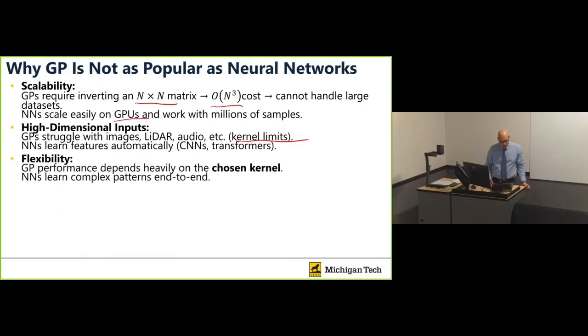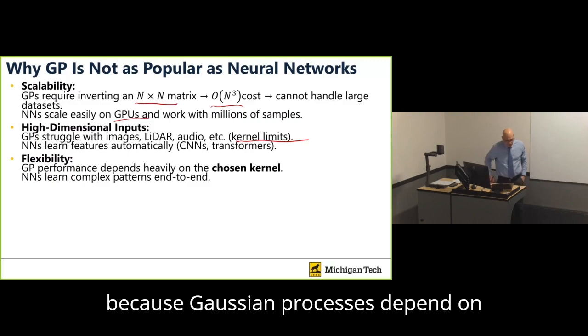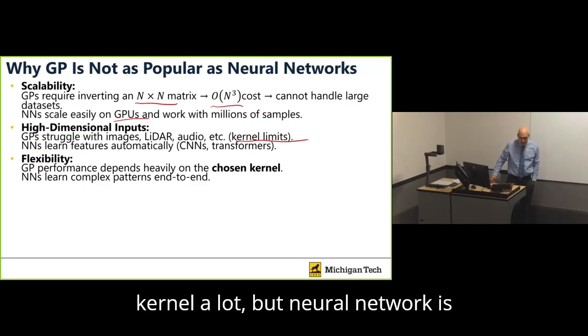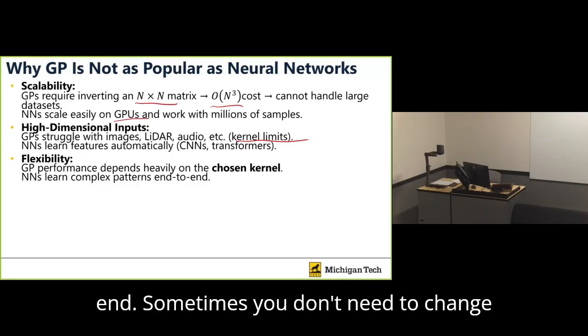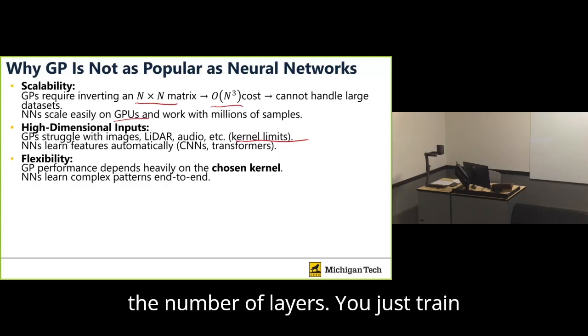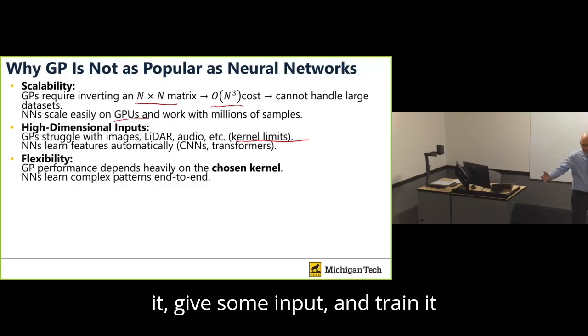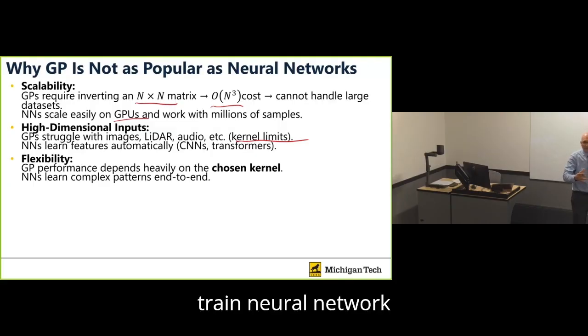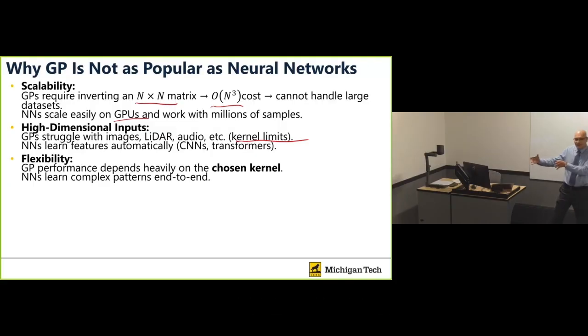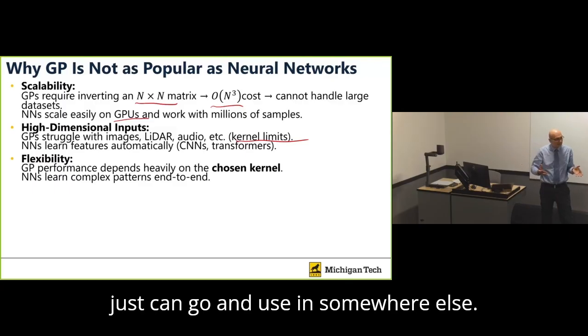Flexibility is also a factor, because Gaussian processes depend on the kernel a lot, but neural network is just end to end. Sometimes you don't even need to change the number of layers. You just give it lots of inputs and train it, and then that trained neural network can go and be used somewhere else.